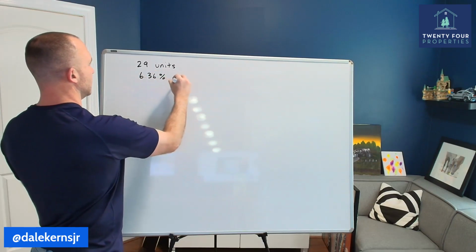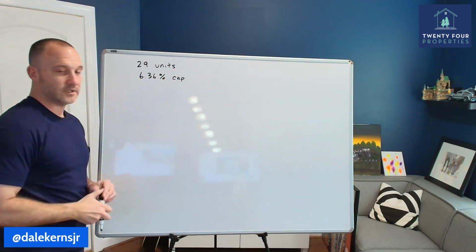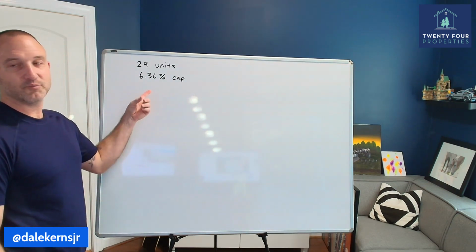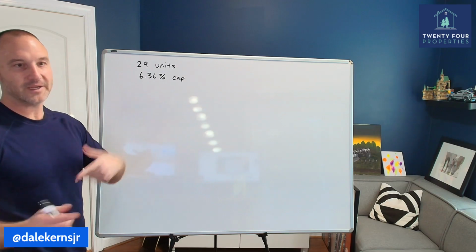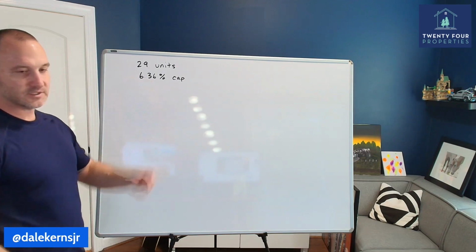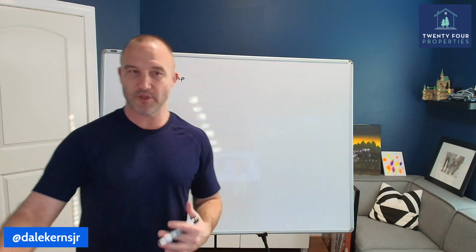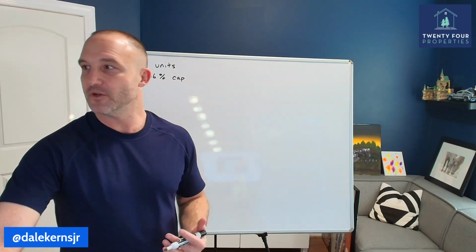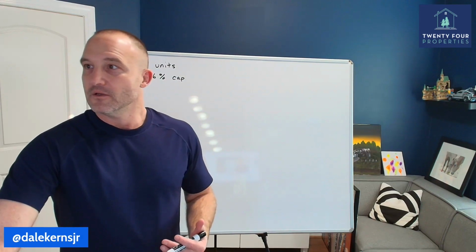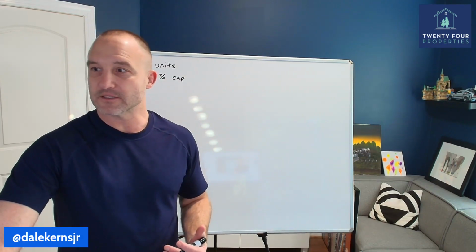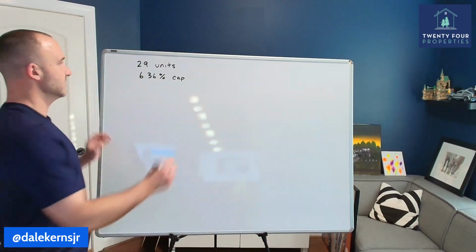Off the bat, I use 6.5% for my debt, so I know this is probably going to be a little bit lower cash flow deal. They are asking 5.6 million.